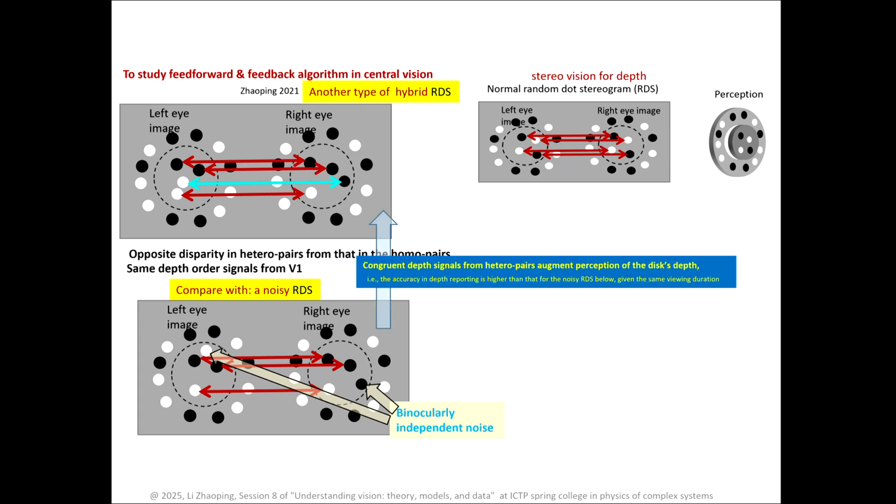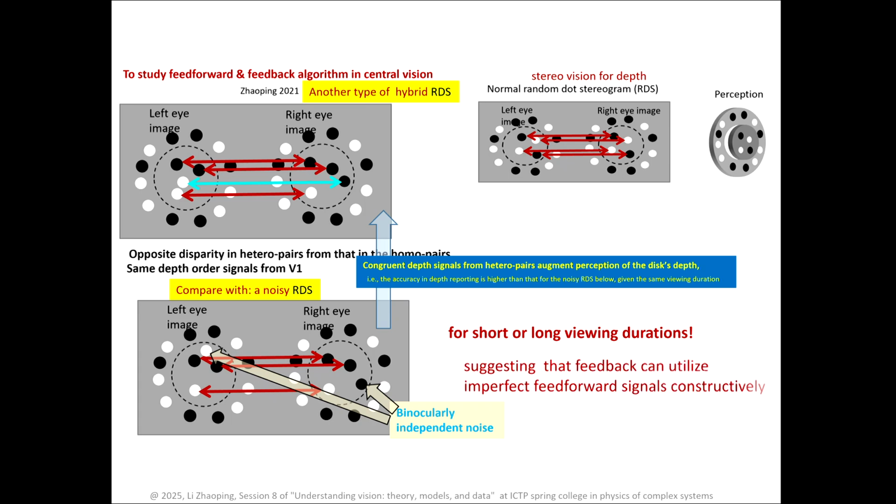As a result, the depth surface of the disk is better perceived compared to the disk in a noisy stereogram. And this is regardless of whether one views the stereogram briefly or for a longer time. This suggests that feedback can utilize imperfect feed-forward information constructively.